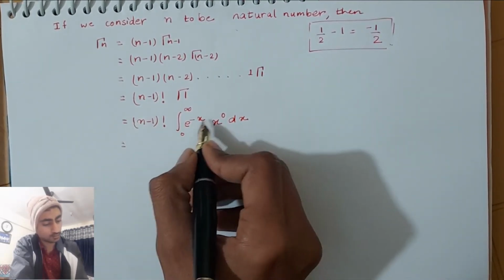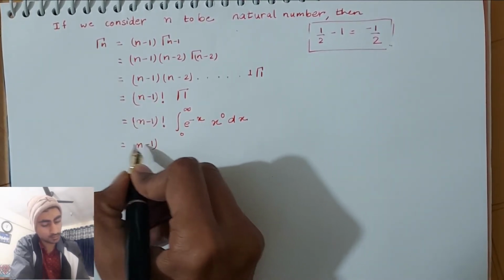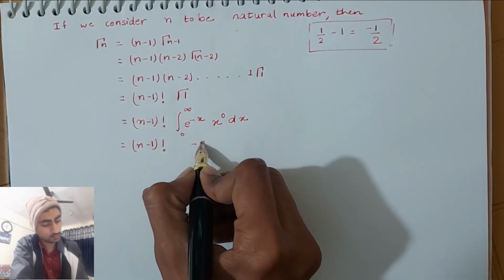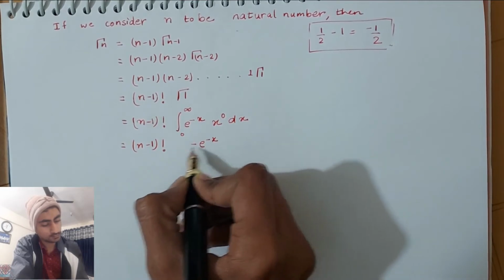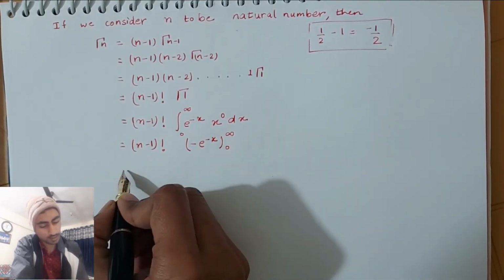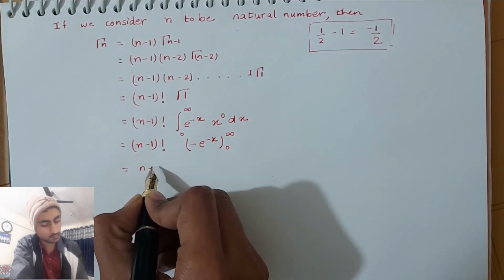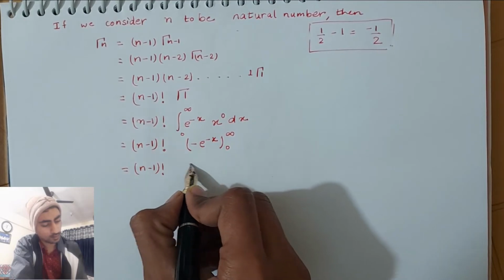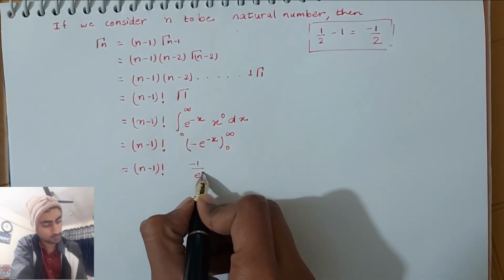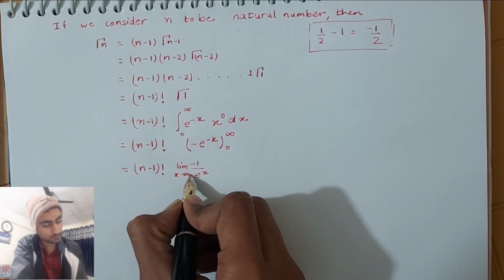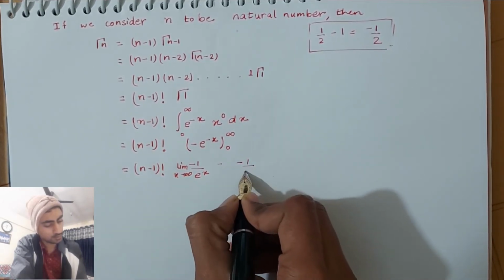So it will become n minus 1 factorial times minus e to the power minus x from 0 to infinity, and then n minus 1 factorial times of minus 1 by e to the power x, limit x tends to infinity, minus minus 1 by e to the power 0.